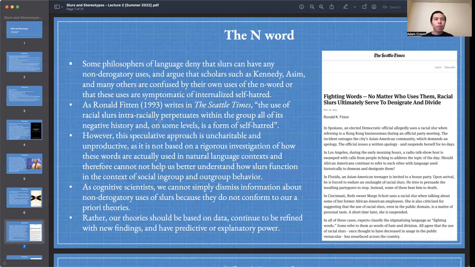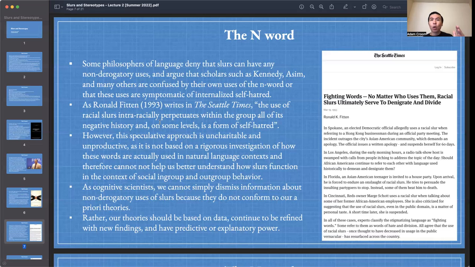So we'll see that these reclaimed usages not only apply to the N-word, but apply to many, many varieties of slurs. Okay, I've published distinct articles on slurs that target Asian Americans, and we see reclamation there as well. Slurs against Mexican Americans, those slurs are also reclaimed, okay? Slurs against women, also reclaimed, right?